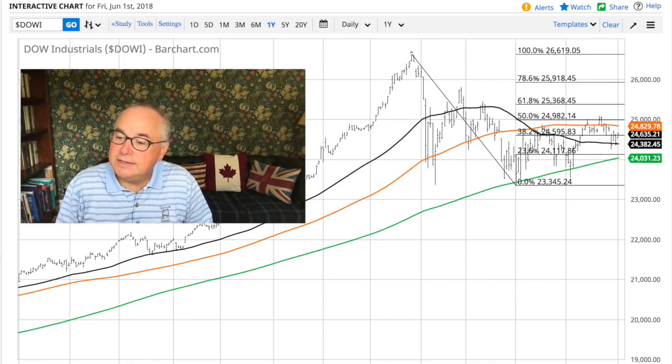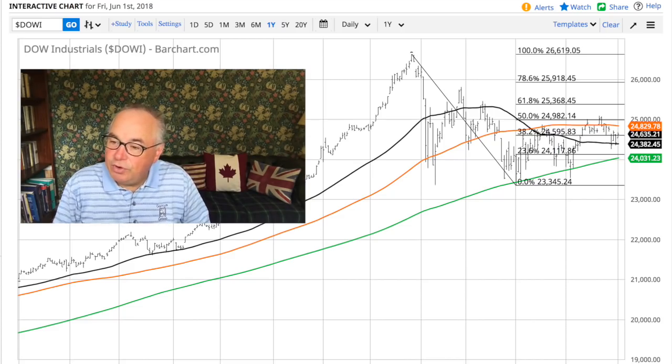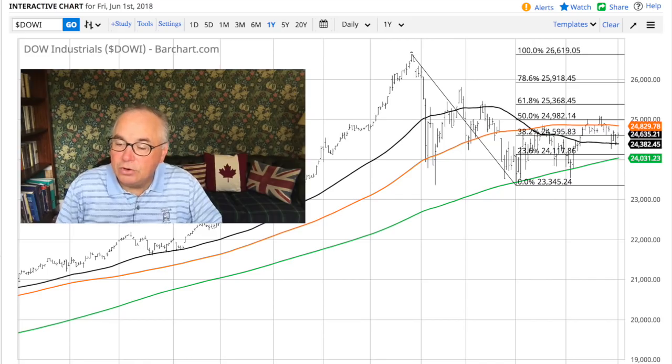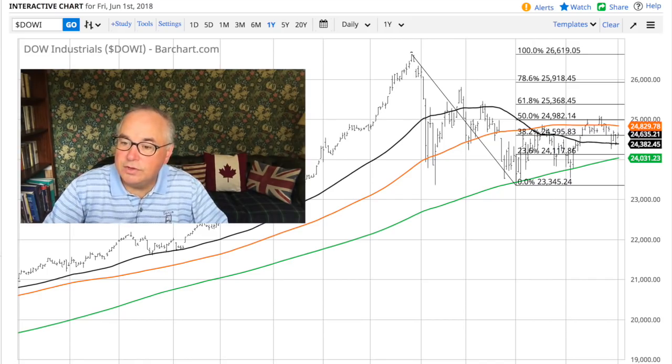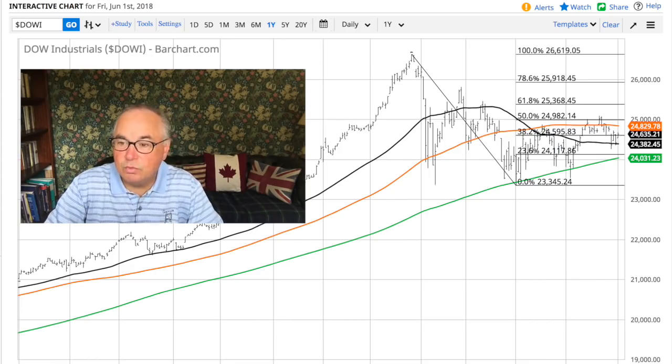You can see that previous dips there, even the low of this year was just below that. And I've done a retracement as well from the high earlier this year, that was on the 26th of January at 26,616, and the low on the 2nd of April, which was 23,344.